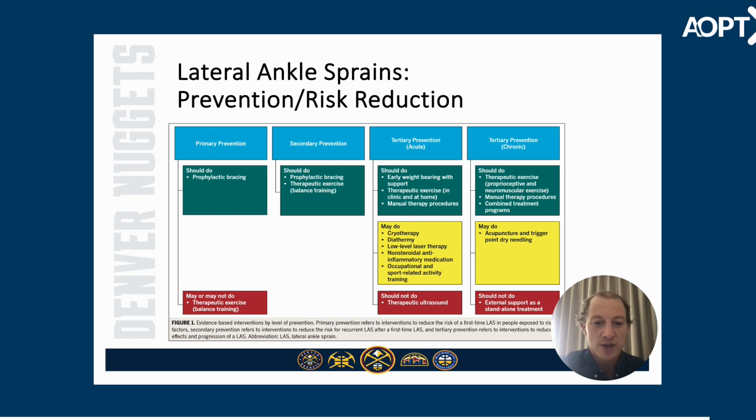We definitely know that we don't want external support a la bracing and taping to be the only thing that we're doing in those stages, and that there's adjuncts due to chronic proprioceptive deficits, losses of ankle dorsiflexion, losses in plantar flexion and eversion strength, knowing that the status of the joint within the synovium and inflammatory markers in the synovium after a large degree sprain have long lingering effects. And so we know those deficits are going to be present years after. And so our exercise and preventative measures should match those known deficits.